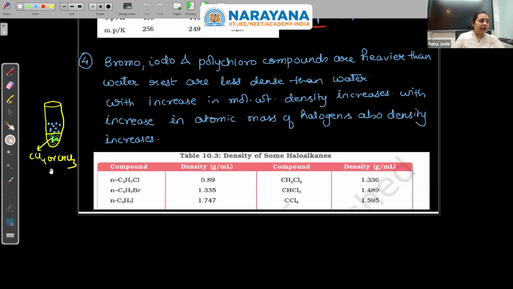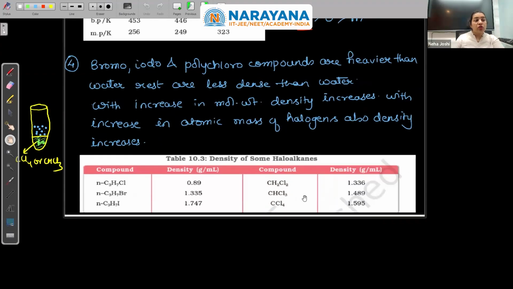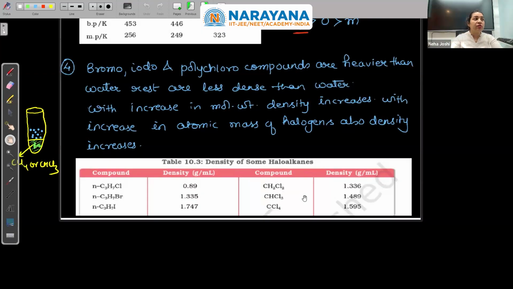As we have just decided, chloroform, bromoform, carbon tetrachloride, CH2Cl2, these are all more dense than water. There is one particular method of purification that is called solvent extraction.